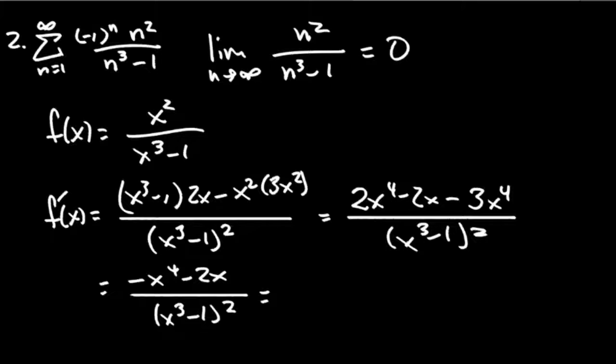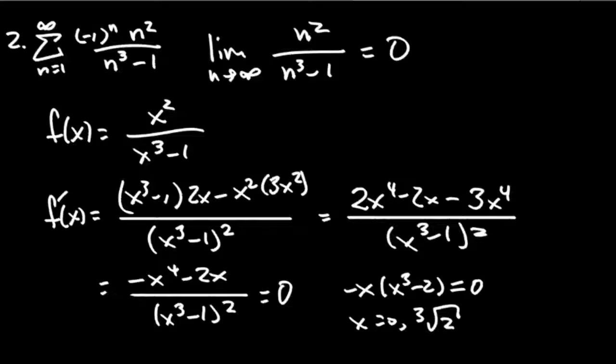Okay, so when is this negative? Let's just set this equal to 0 and find the critical points. So that'll be x equals 0 and x equals the cube root of 2. Okay, cool.